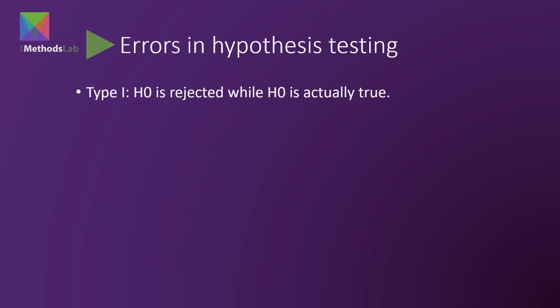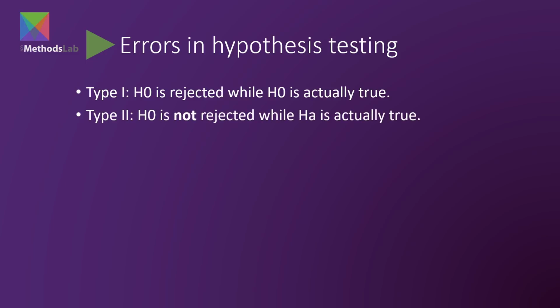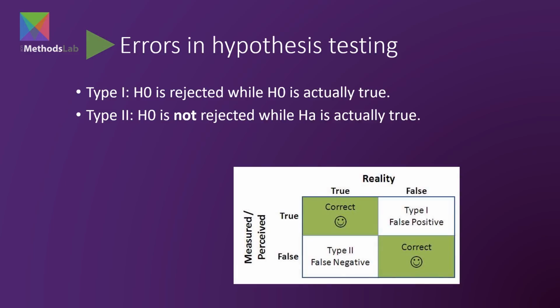It needs to be pointed out that there can be some errors in hypothesis testing. This is something that has a couple of terms, so type 1, type 2. I have to admit, I always forget which was which, because it's not something that we write about all of the time. But when you see someone writing in a paper, well, this might be a type 1 error or this might be a type 2 error, keep in mind that this is something that you can Google and see which was which.